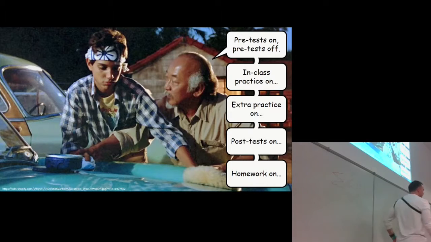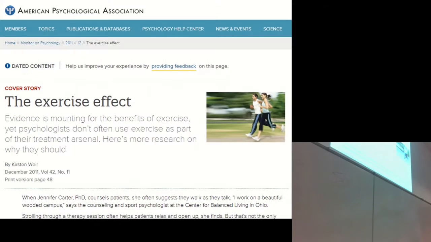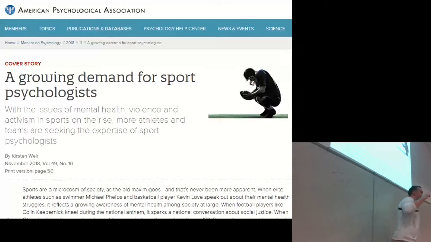Speaking of muscle memory, in psychology, there has been a lot of research done very recently on the benefits of exercise, the benefits of being physically active, being in competition, as well as a lot of work on the kind of issues that might deal with competitive sports.